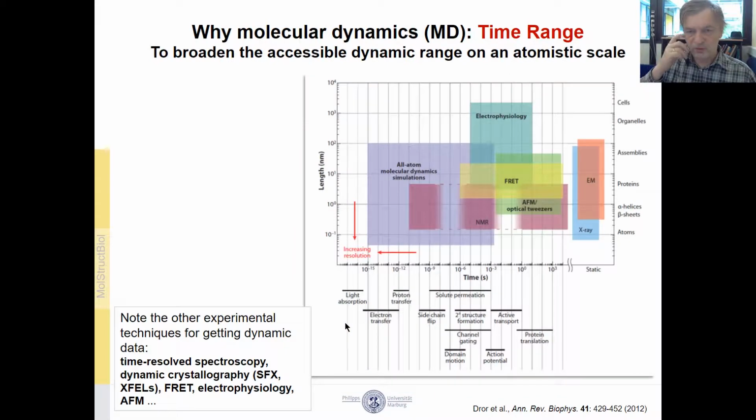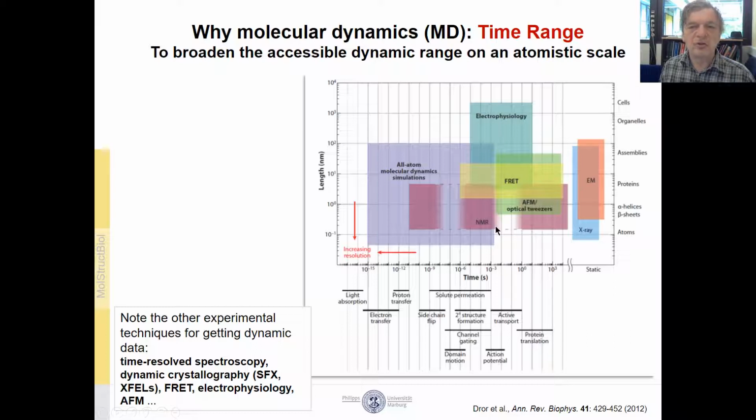So where is molecular dynamics actually located? When we look first at the time range, we start here from our static experimental structures. They are nice. We can also use some other techniques to get some dynamic information. NMR spectroscopy can, for example, resolve in the microsecond to millisecond time range some simple conformational changes.